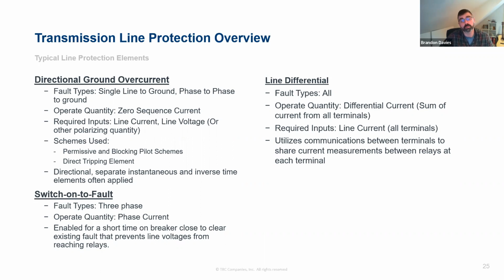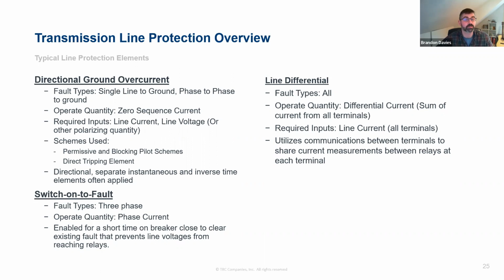We do not typically use phase overcurrent, and that has to do with line loadability. Ground zero sequence current is not generally present in a large quantity during load, because generally the transmission system operates at a fairly balanced load.